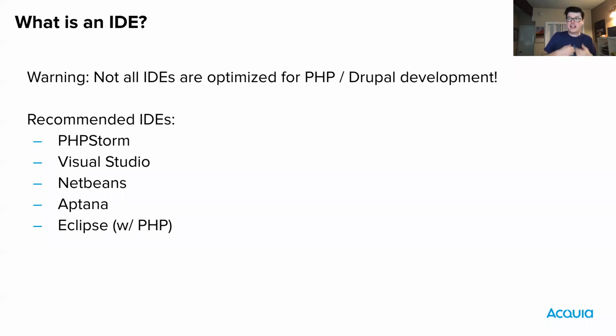The thing I particularly like about PHP Storm is not only is it optimized for PHP development, it's also got some Drupal plugins, which is pretty slick. But at the end of the day, PHP Storm, Visual Studio, NetBeans, Aptana, Eclipse with the PHP version, pick your poison. As long as it is a true IDE, honestly, you're probably going to be fine. We'll talk a little bit more about what that means today.